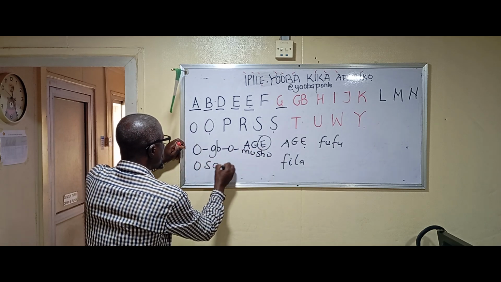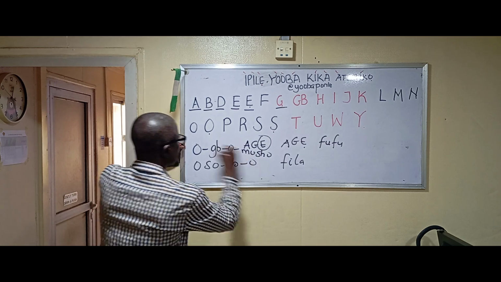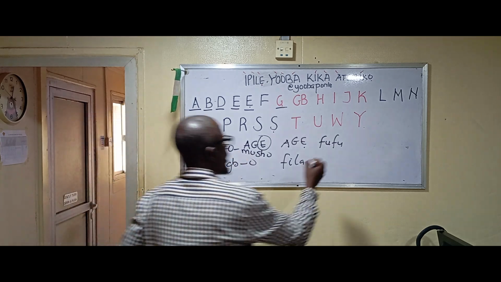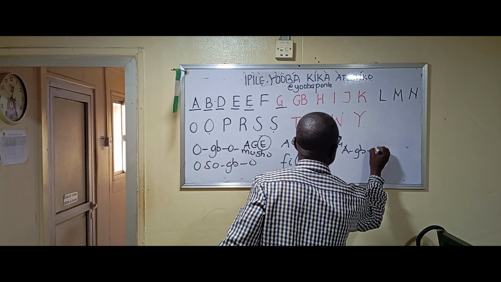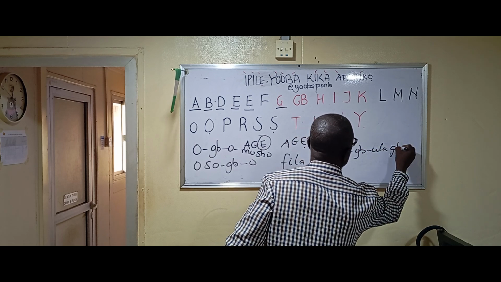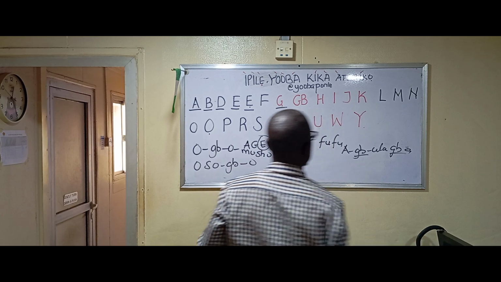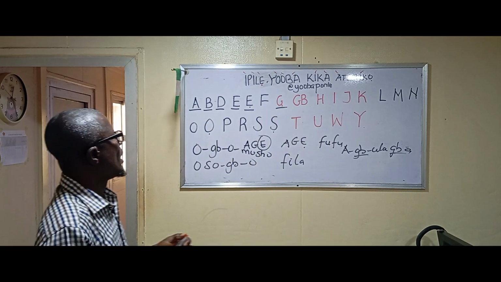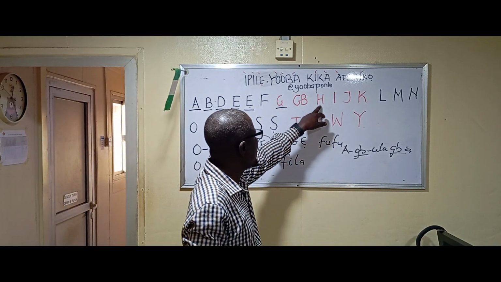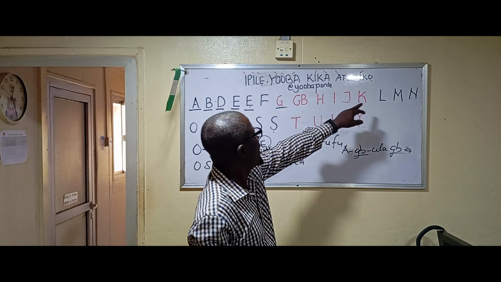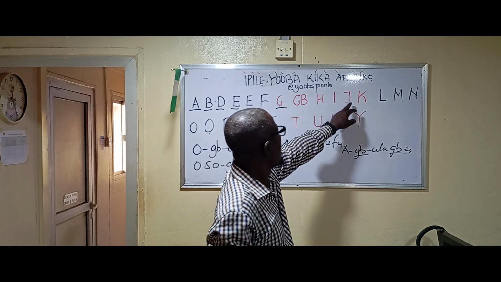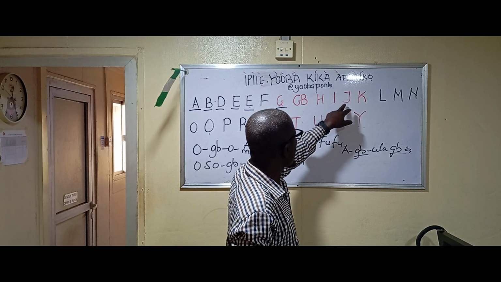You got B here. Àgbàlagbà. B. Lẹ́yìn B, he, G, ki, G. This is pronounced G, not J. This is he.